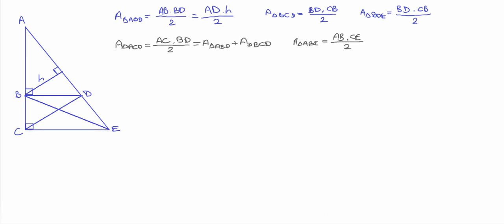But at the same time, I can choose AE to be the base, and in that case H is going to be the height of the triangle, divided by 2. I can also see that this area is actually the sum of the area of the triangle ABD and the triangle BDE.